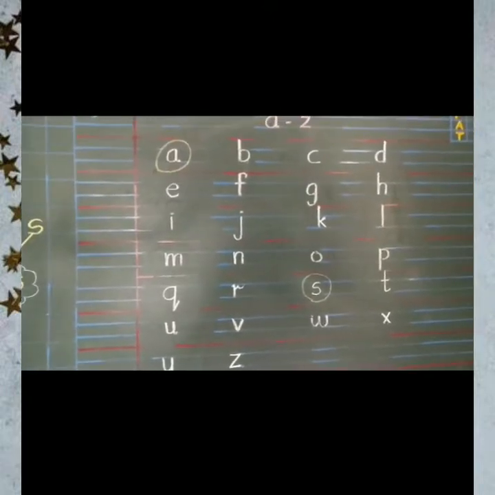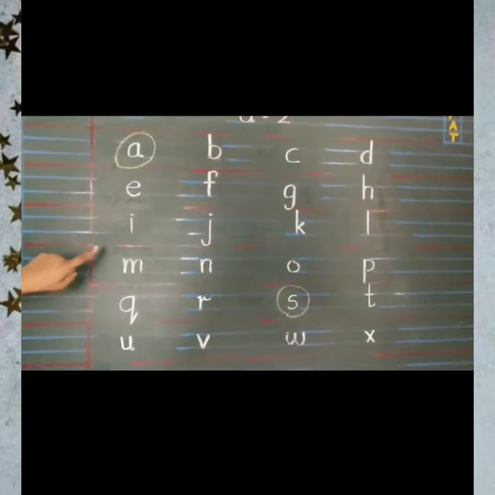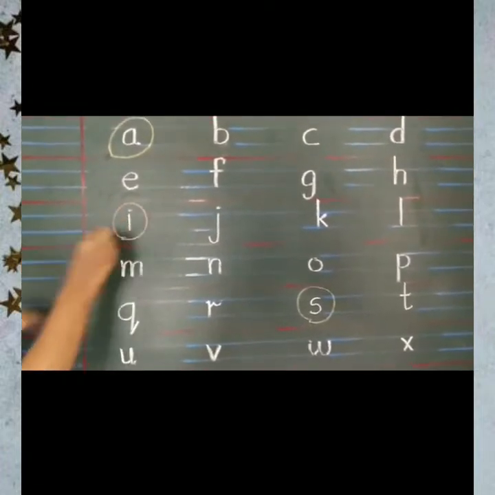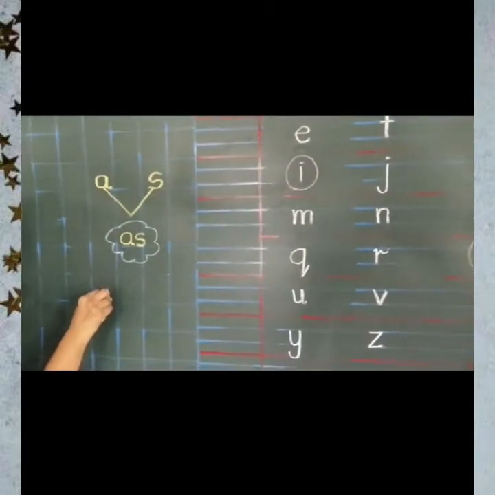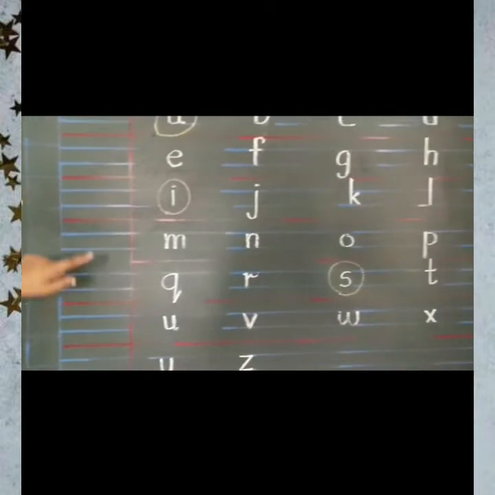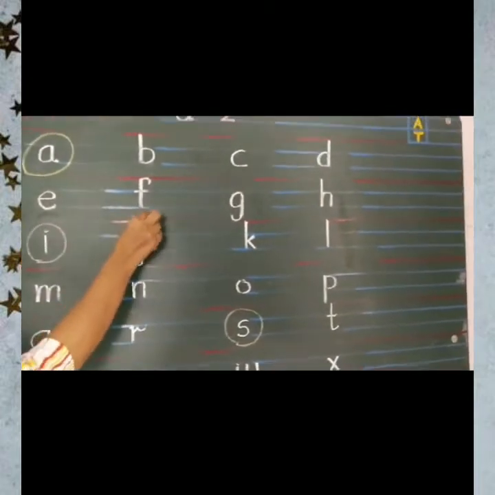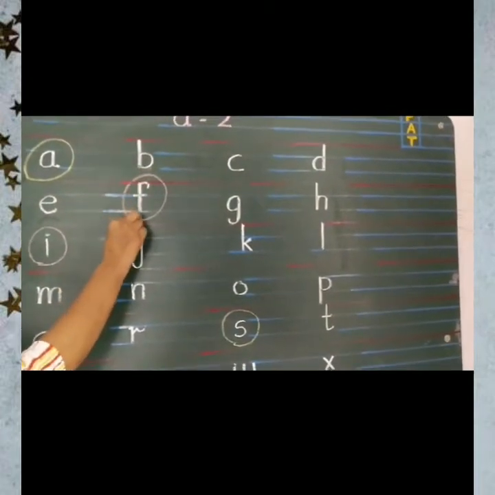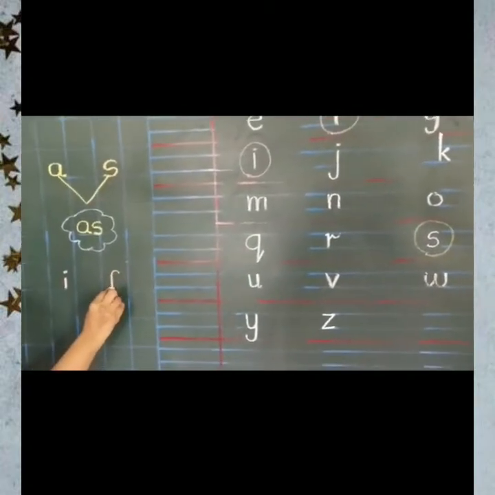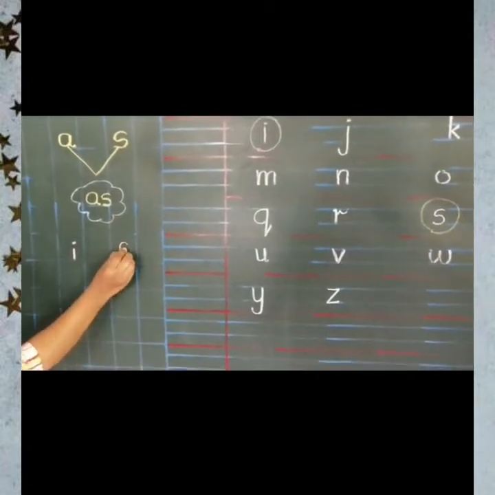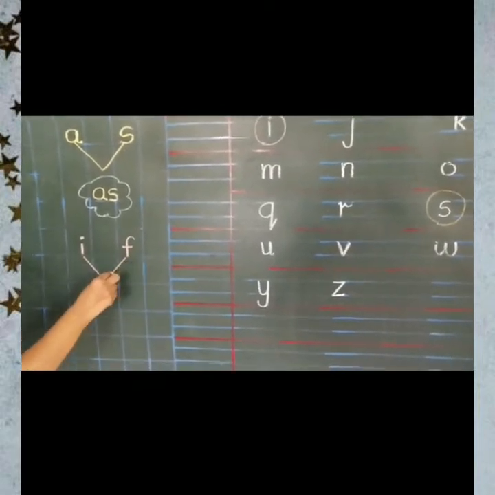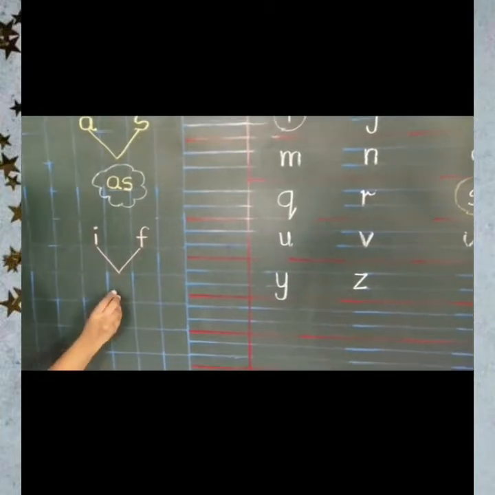So, now let's make another word. We will take letter I. And we'll take letter F. Now, when we'll join these two letters, which word will we get?